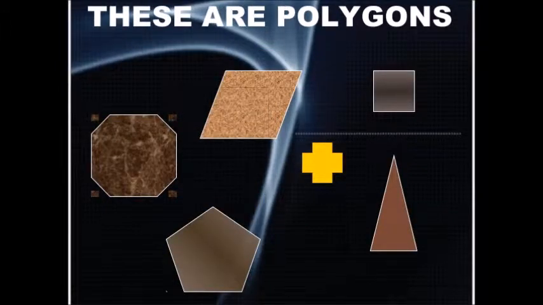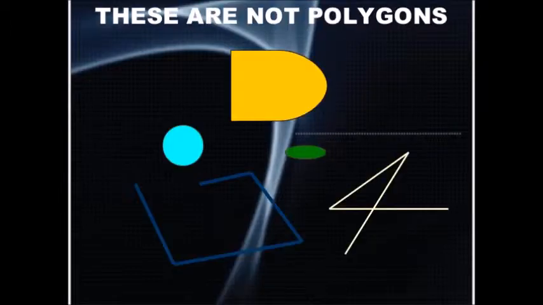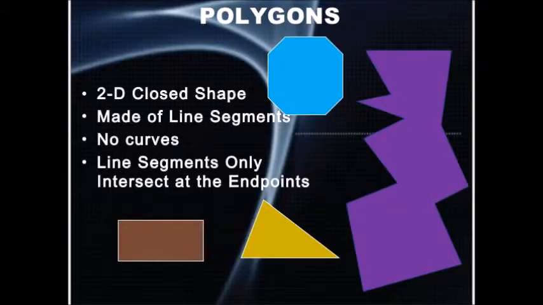The first one we have closed spaces, whereas in the second one we have straight lines and angles, but some of the objects are not closed, or they're partially closed. So we define a polygon as a two-dimensional closed shape.